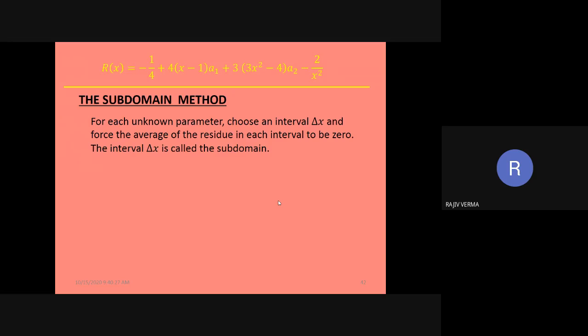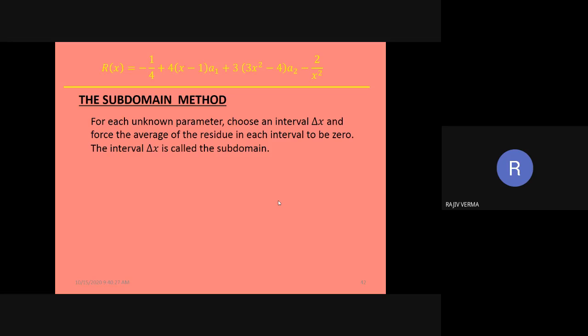The interval delta x is called the subdomain. In this particular method, we are going to choose a particular interval represented by delta x. Delta x obviously is going to be a very small number, let's say 1% of the length of the domain itself.